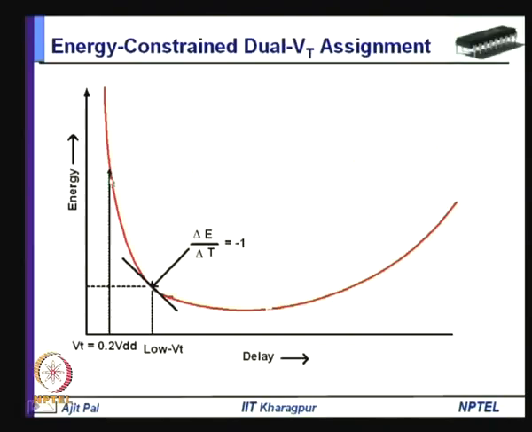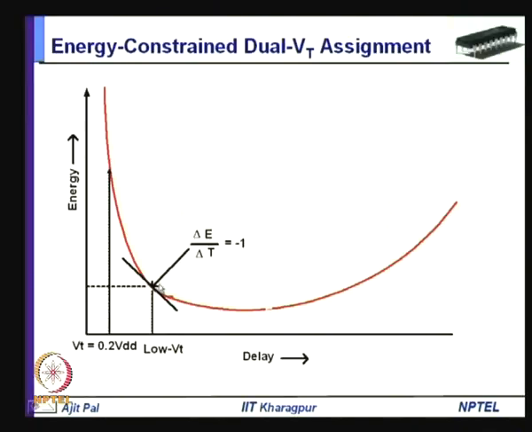Here, as you can see, the energy has been plotted for different threshold voltage. Whenever you keep the low threshold voltage at 0.2 VDD, here is the energy requirement of the circuit. But if you keep on changing the threshold voltage, you can see how the delay increases.